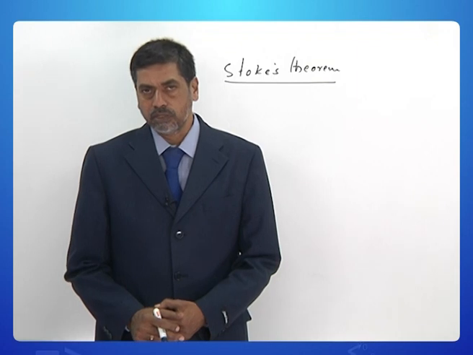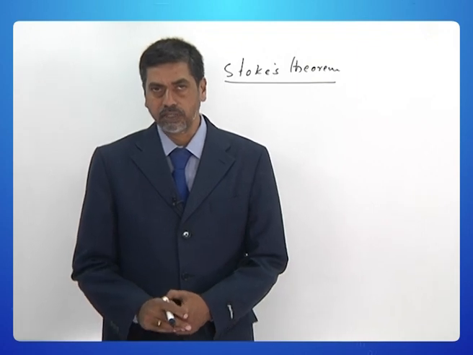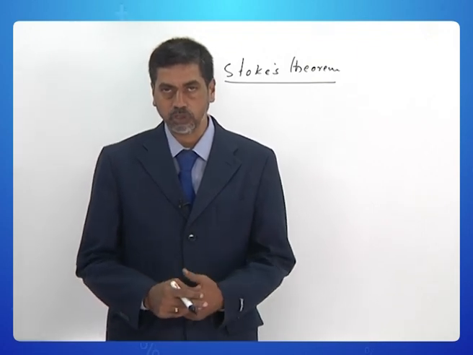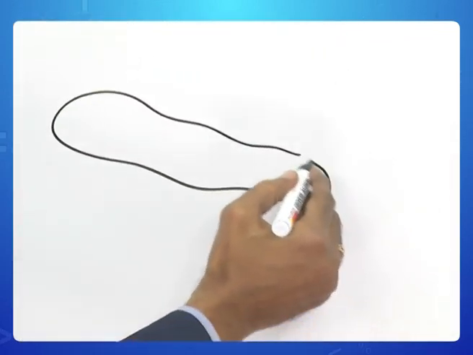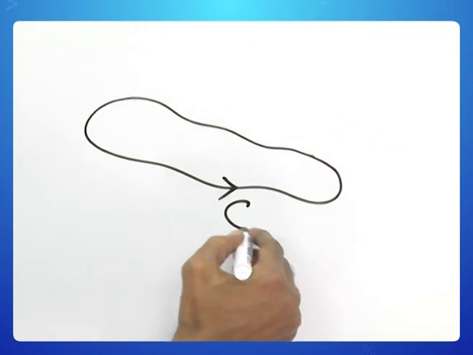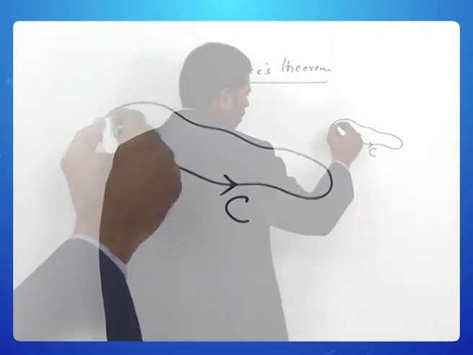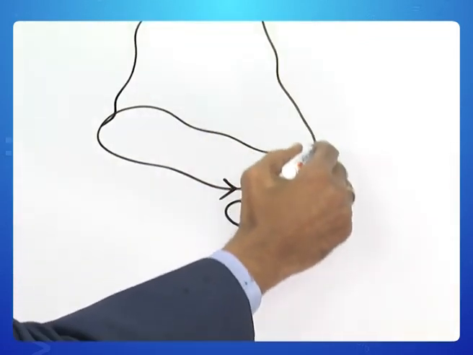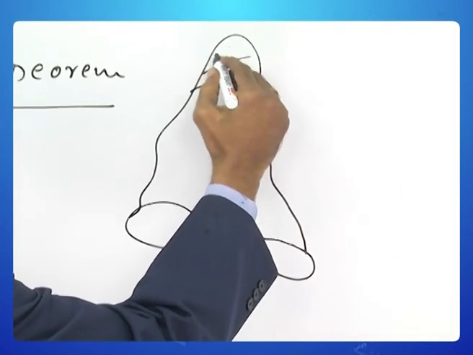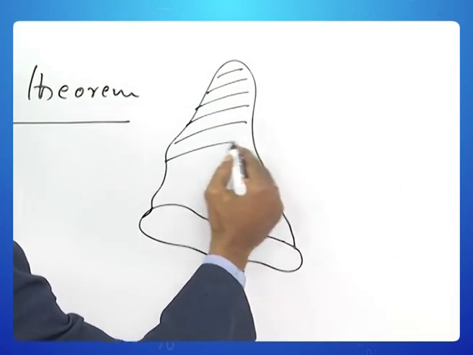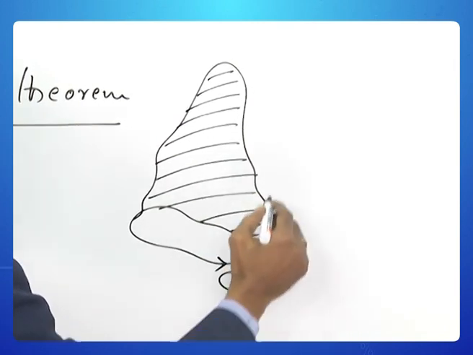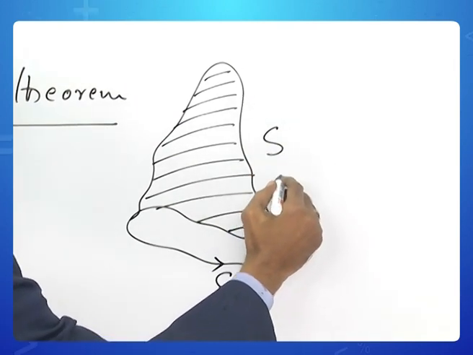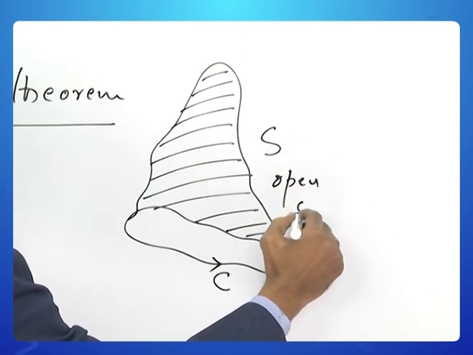Okay friends, having seen Green's theorem and its applications, now let us come to the Stokes theorem. Imagine a closed curve C which is surrounded by an open surface.